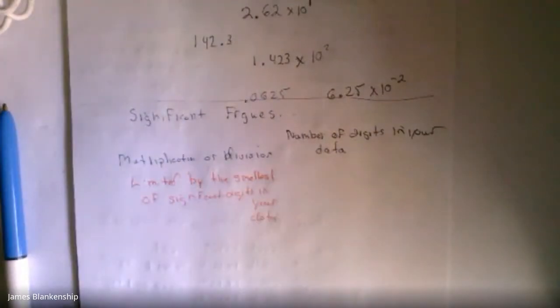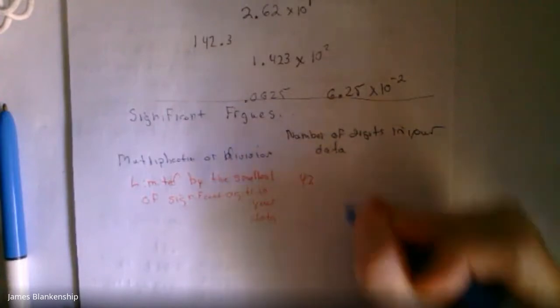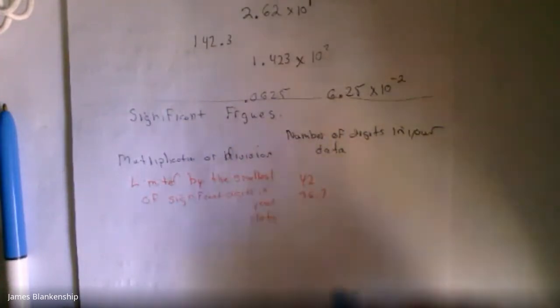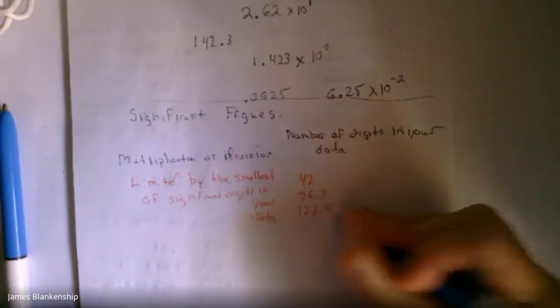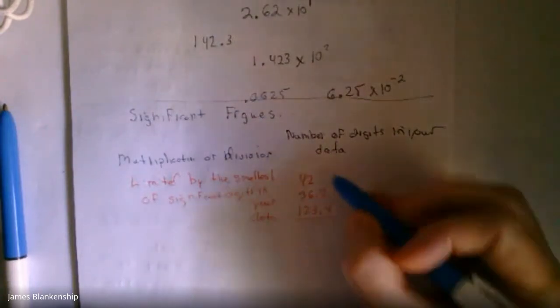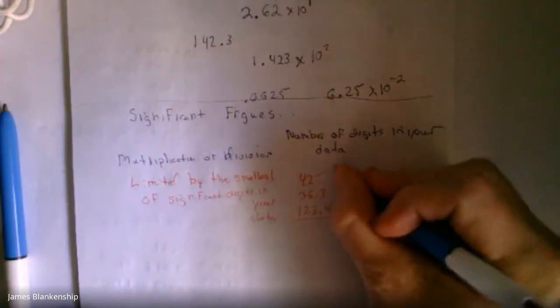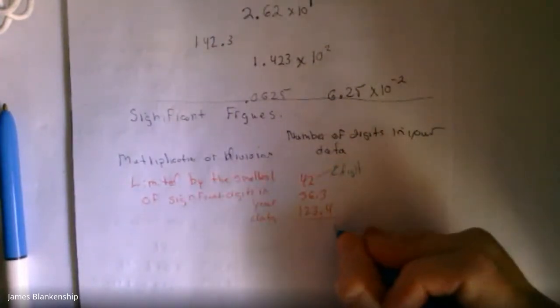So let's say that we have 42, we have, say, 36.3, let's say we have 123.4. And if you are multiplying or dividing, because you only have 2 digits here, your answer should only have 2 digits in the end.